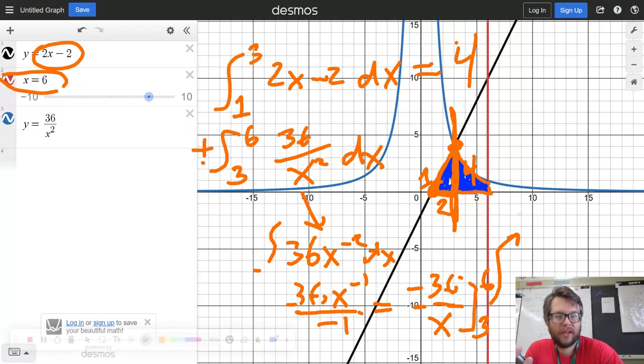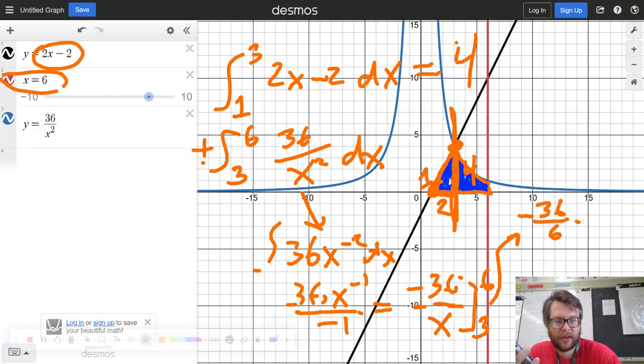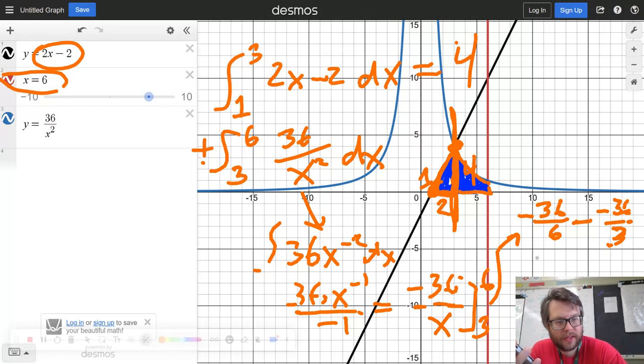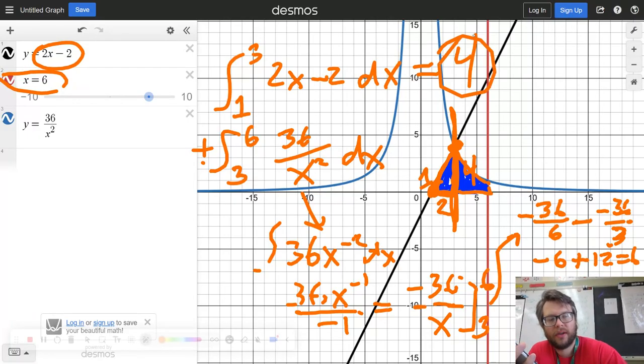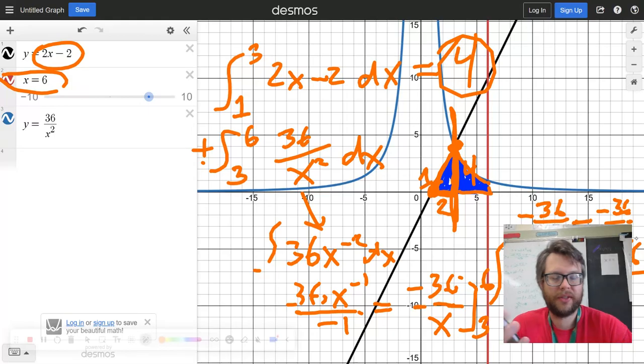So that's negative 36 over 6 minus negative 36 over 3. My pen is failing me. So that's negative 6 plus 12, which is 6. Add the 4, and I get a final answer of 10.